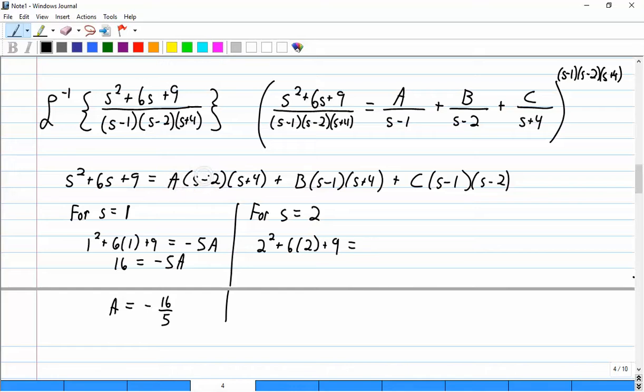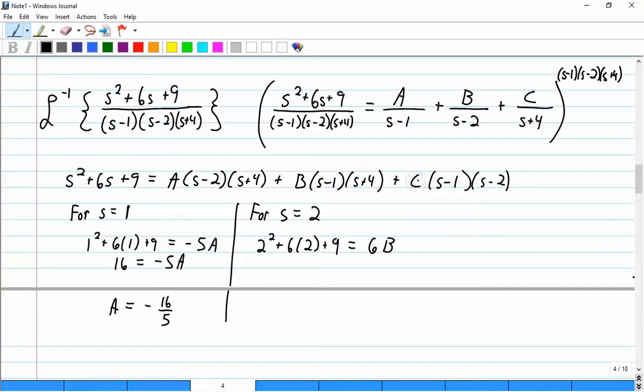This parentheses goes to 0, so that whole term goes to 0. Then I let it equal 2 in the B term. So that's going to be 2 minus 1 is 1 times 2 plus 4 is 6. So that's going to be 6B.